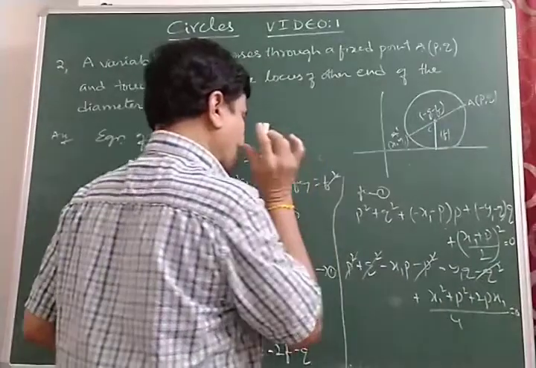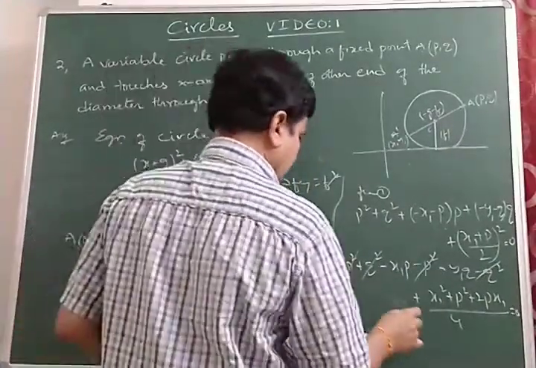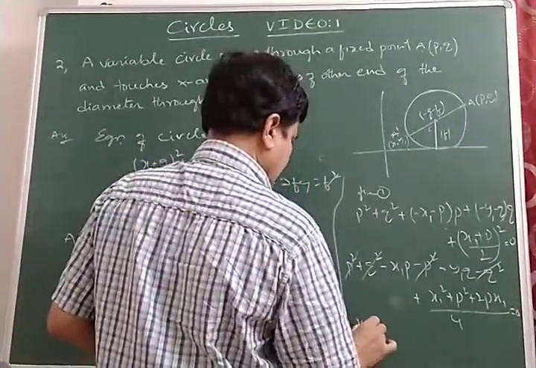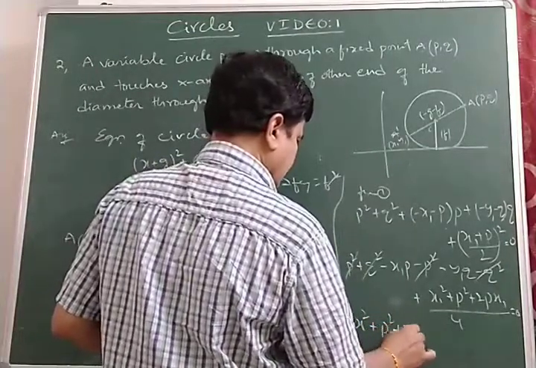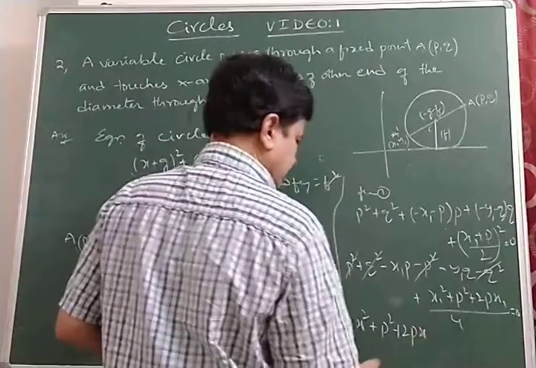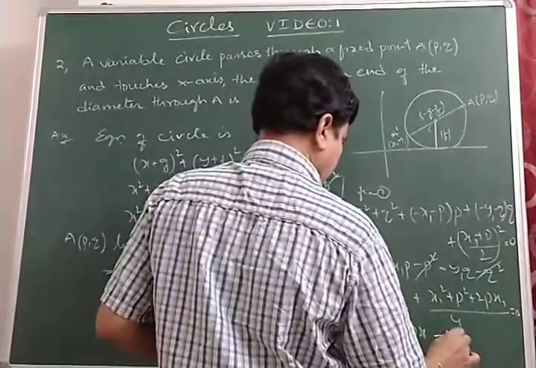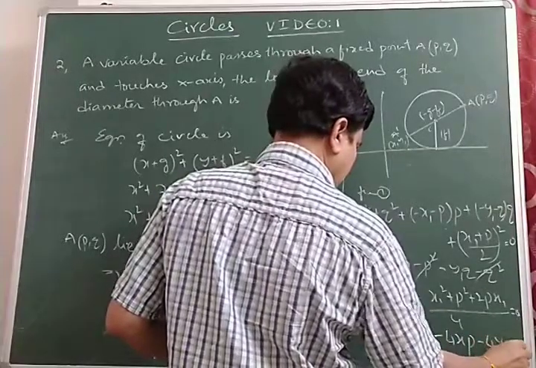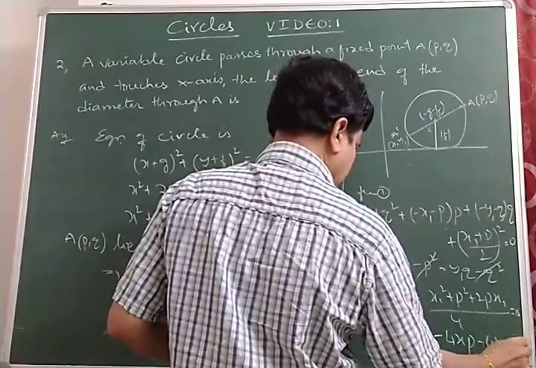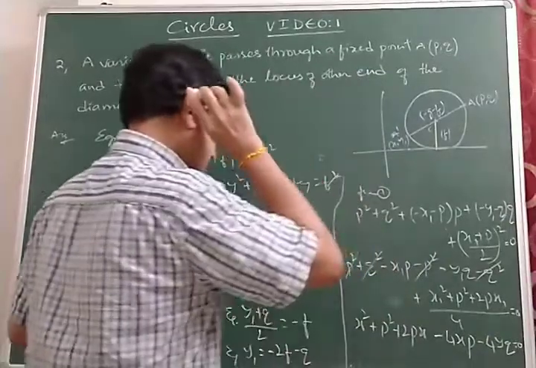Now taking the LCM, the locus of (x1, y1) is x square plus p square plus 2px minus 4xp minus 4yq equals 0.